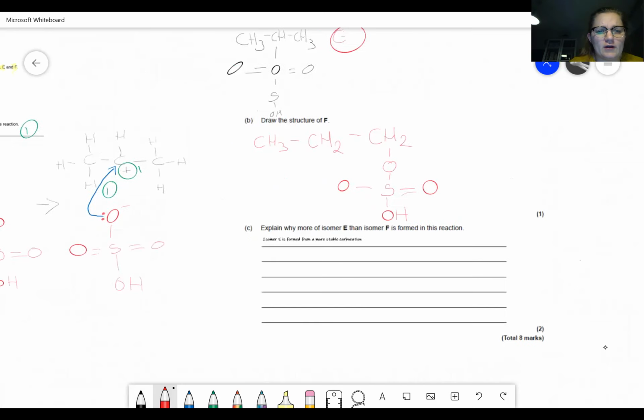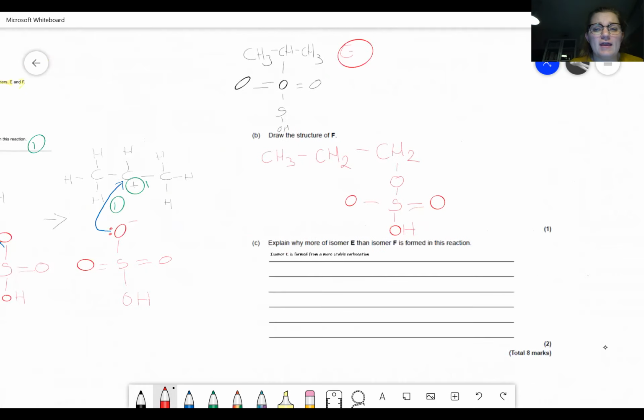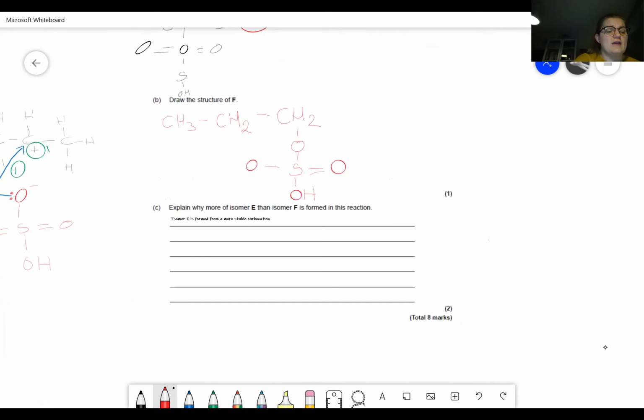So actually, if we have a look at our carbocation that we would form, which is here, this one would form 2. But if we attacked it the other way, then we would actually have 1, so it wouldn't be as stable.